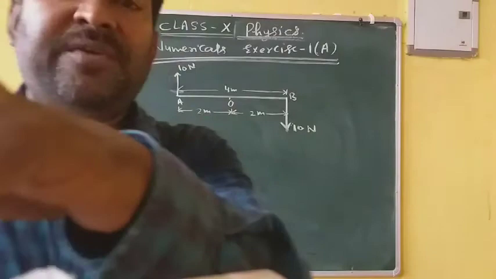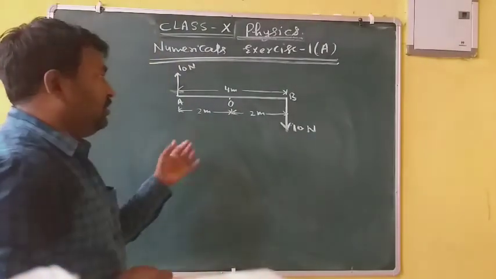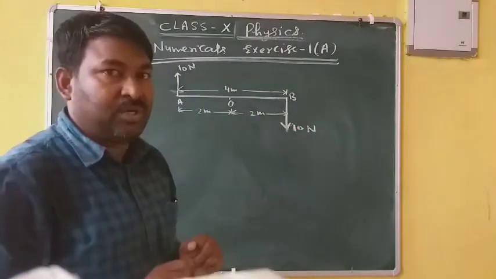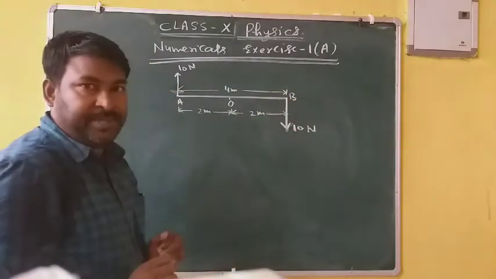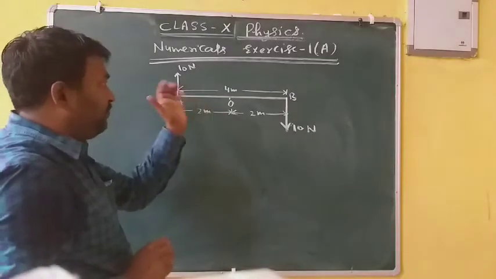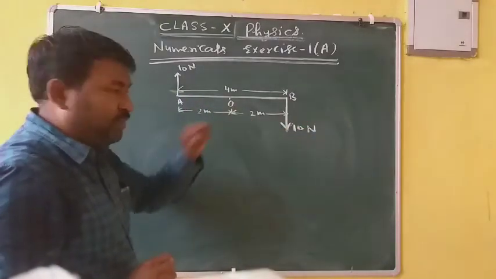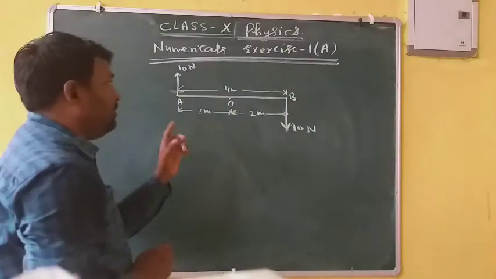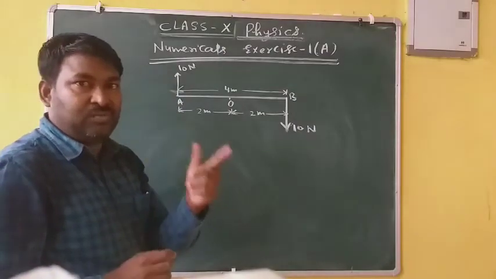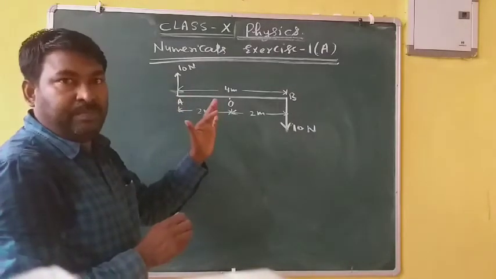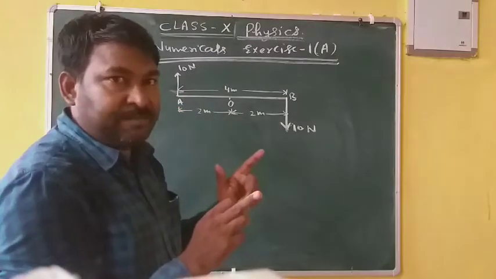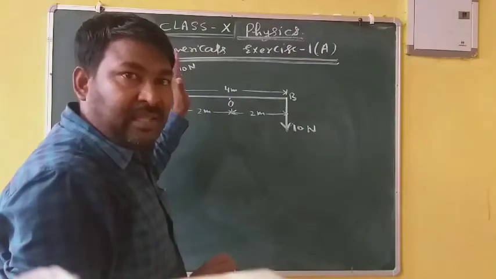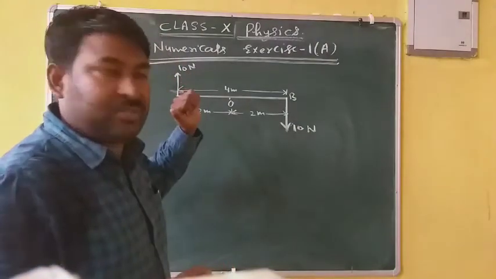If you have to calculate net moment, or moment of all the forces acting on the body, here the body is a rod AB. You have to find moments of all forces about this pivoted point. By the formula, moment of a force is equal to force into perpendicular distance from the pivoted point to the line of action of the force.